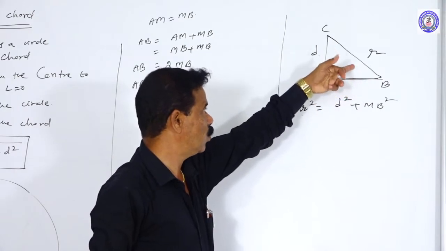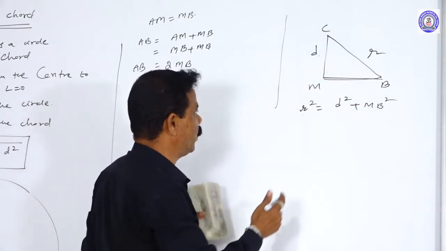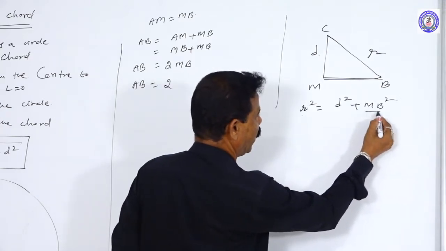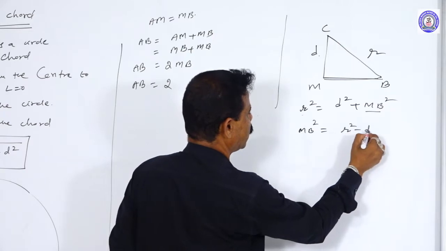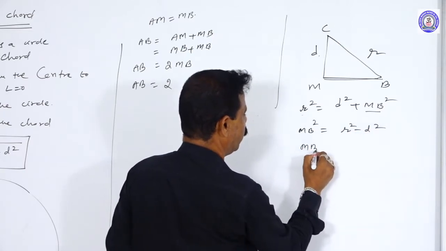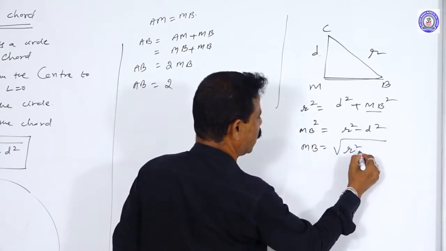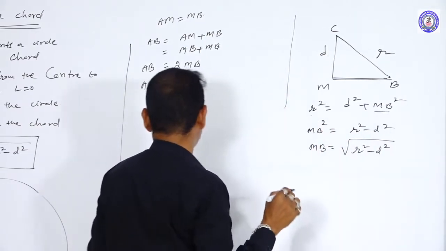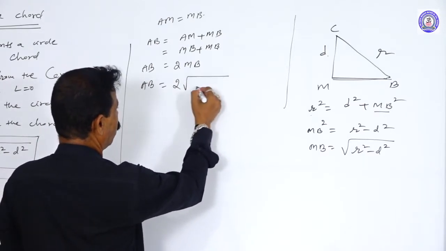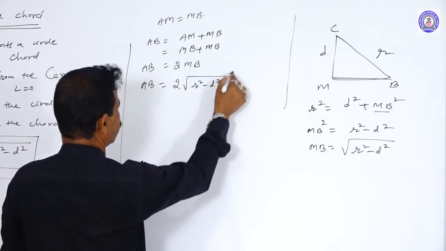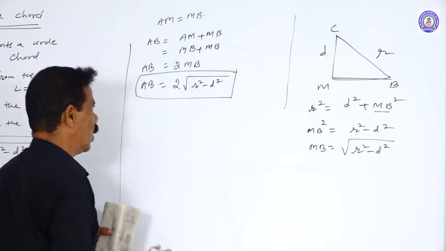Hypotenuse square is equal to opposite square plus adjacent square. So here MB is unknown. MB square is equal to R square minus D square. MB is equal to root of R square minus D square. We substitute here the MB value, under root of R square minus D square. This is the formula for the length of the chord.